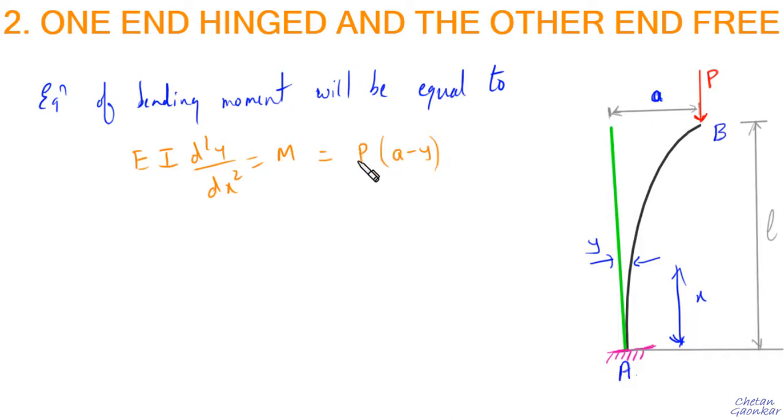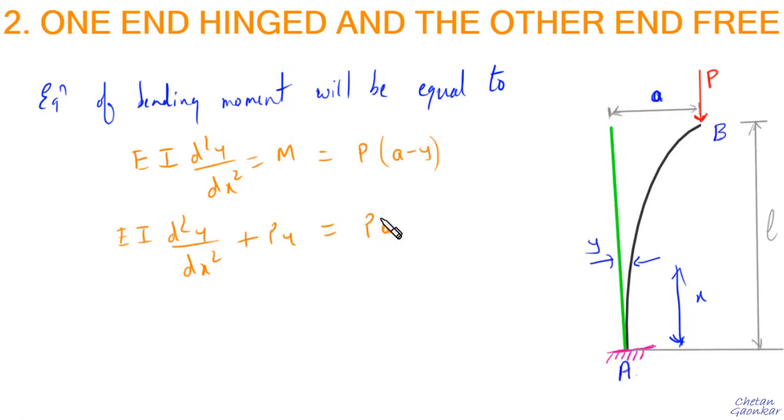The sign will be positive because as x is increasing, y is continuously increasing along with x. So if I now rewrite this equation, I get EI d square y by dx square plus Py is equal to Pa.